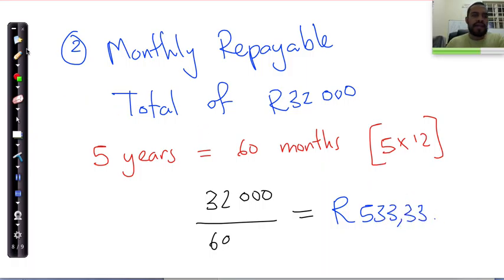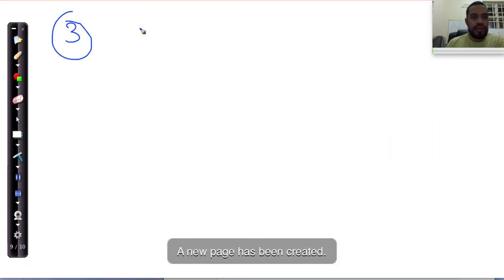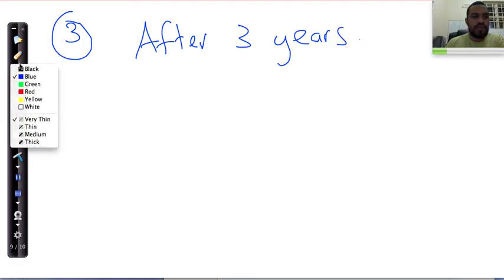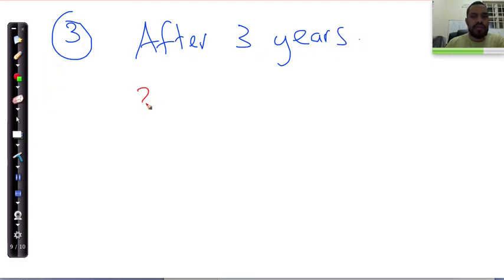Okay, and now finally, after 3 years, how much do you still owe? After 3 years, how much is still owed? So question, 3 years is equal to how many months? It's going to be equal to 36 months.